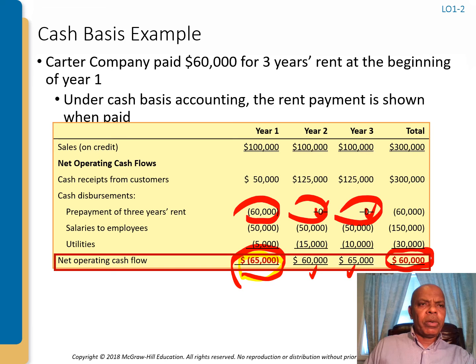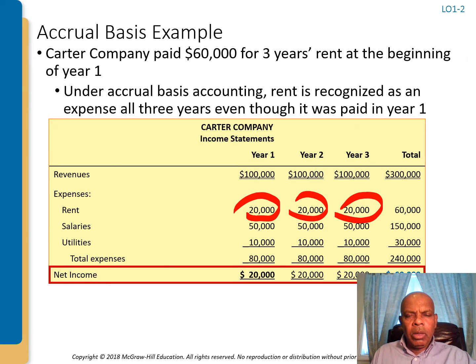Let's go to the next one. You can see that if you're using accrual basis accounting, you just allocate that 60,000 and spread it out over 3 years, 20,000 each for 3 years. It's the same thing for utilities. I think the utilities they have are 5,000, 10,000 and 15,000. Now it's evenly spread.